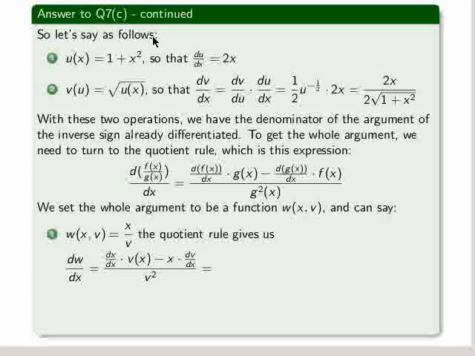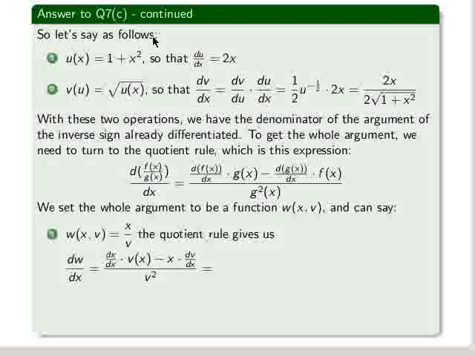So dx dx, which is trivial, multiplied by v of x, we've already seen that it's the square root of u of x, and we've given u of x as substitution, and we subtract x times dv dx, all over v squared.